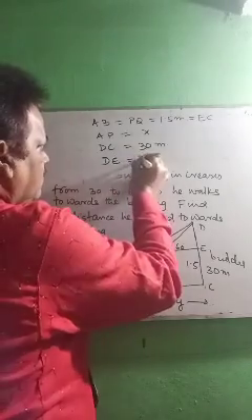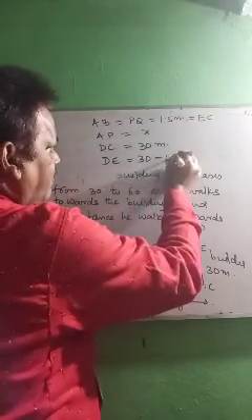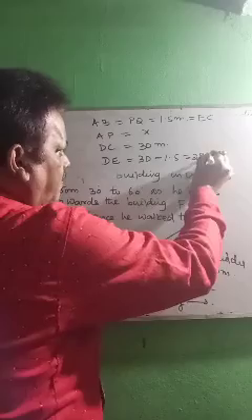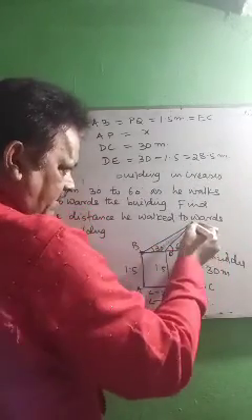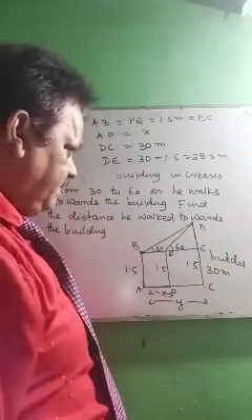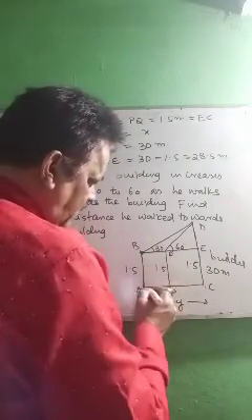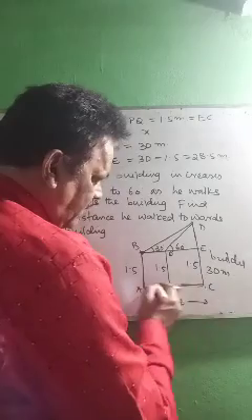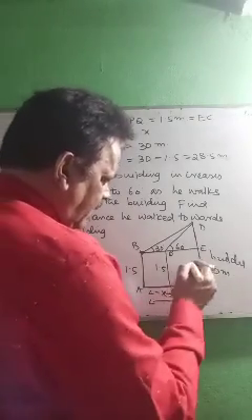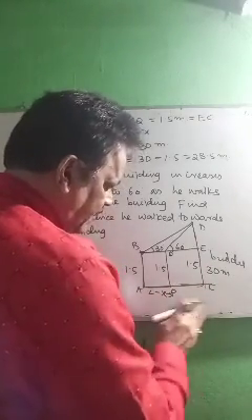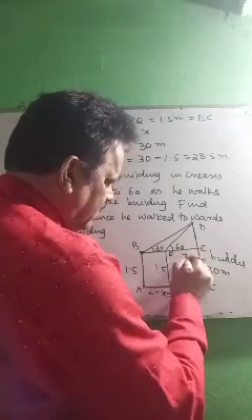DE equals 30 minus 1.5, that is 28.5 meter. This became 28.5 meter. This is X. This one I have taken as Y total, or I can take this part as Y. This is Y. This is also Y.